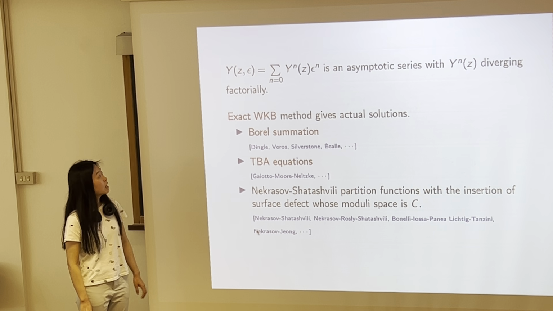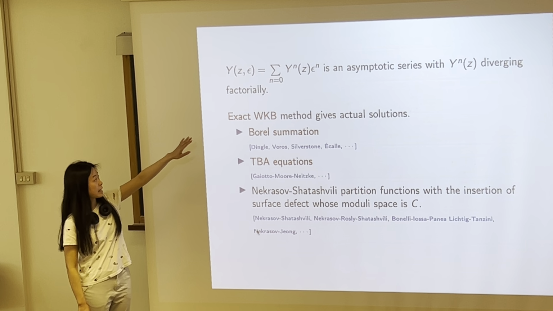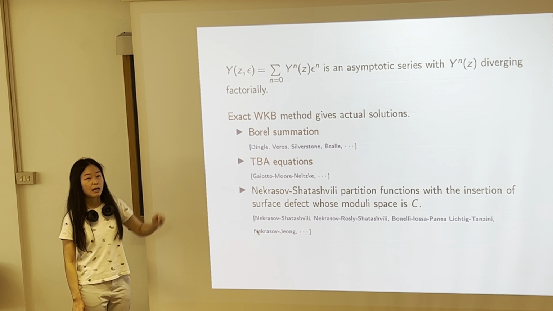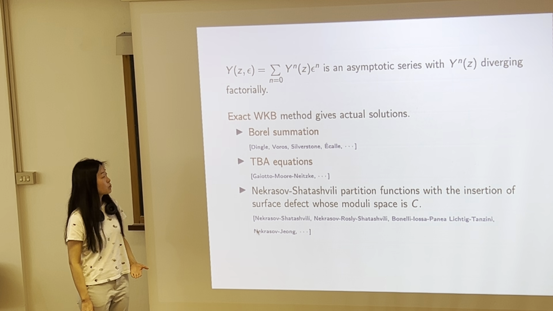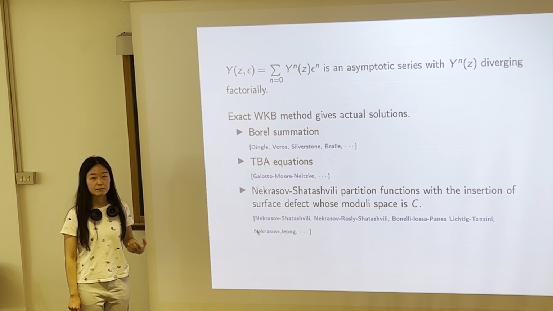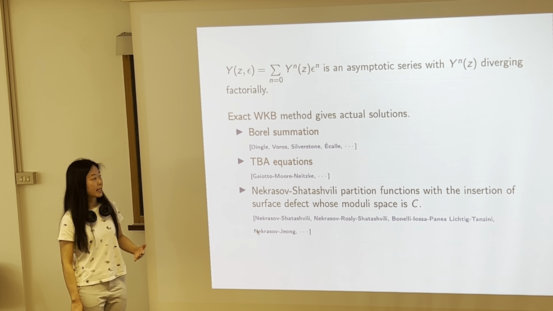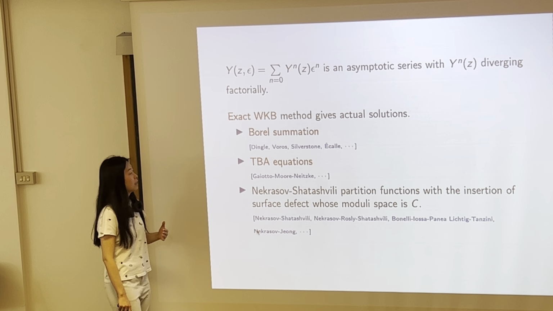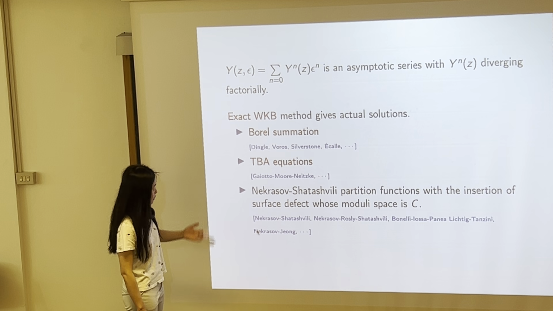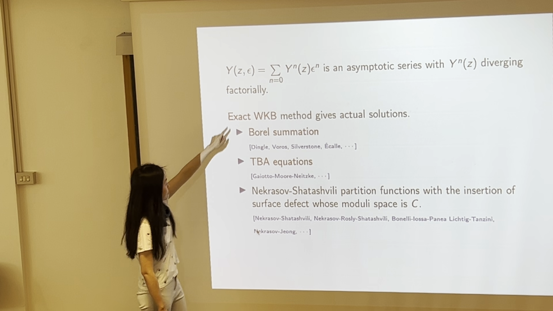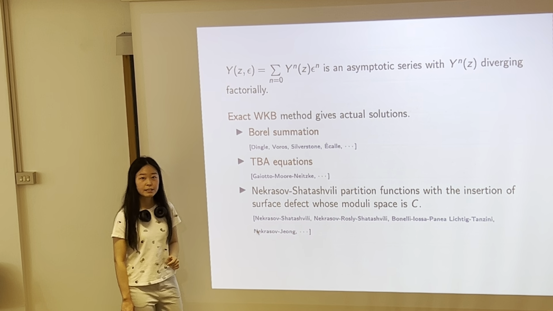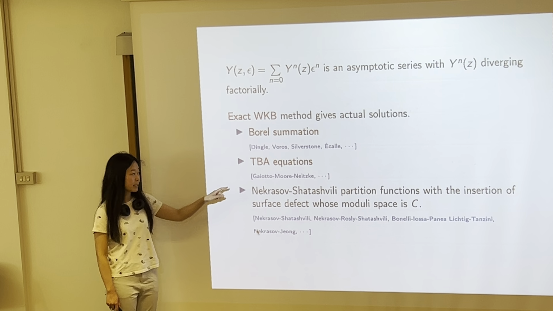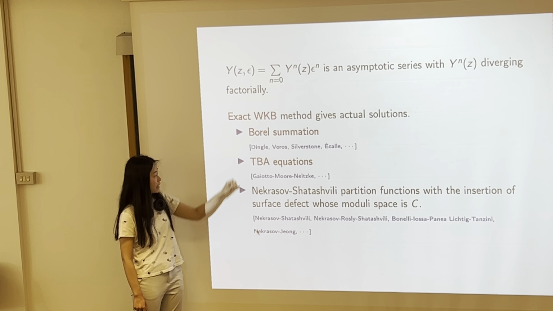Okay, so now we have this asymptotic series where we can calculate all the coefficients. There is actually the network developed by the exact WKB community, which can produce something exact, which serves as the actual solutions from this asymptotic series. This story starts with the Borel summation, which I'm going to introduce shortly.